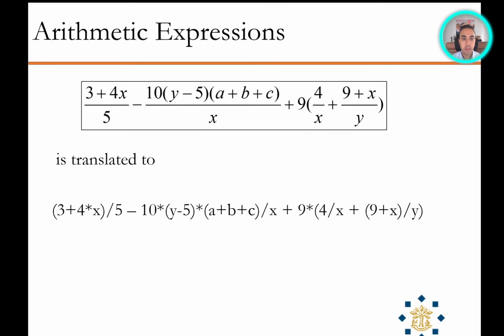Okay, so arithmetic operations, sometimes it is straightforward. For instance, if you have a plus, you also have a plus in computers. But sometimes, for instance, 4x, that goes without saying, it's a multiplication, right? 4 times x. Here you have to write the star, which is the multiplication. So if you write 3 plus 4x, this will be an error, okay?